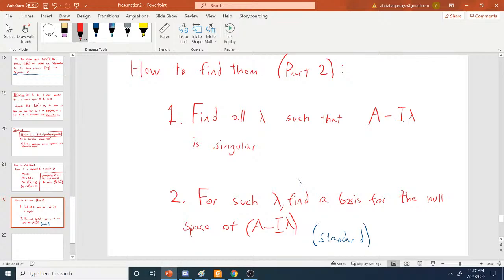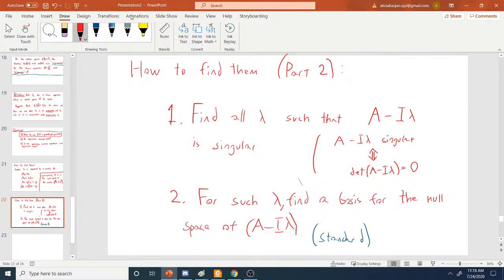The first question is something that has a little bit of a novelty to it, but it also relies on stuff that we've already talked about in this course, because we have an equivalence between A minus I lambda being singular and the determinant of A minus I lambda being equal to 0.